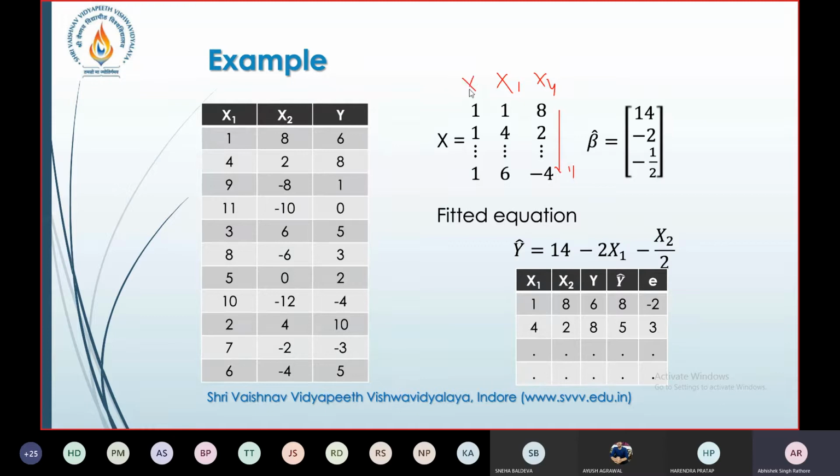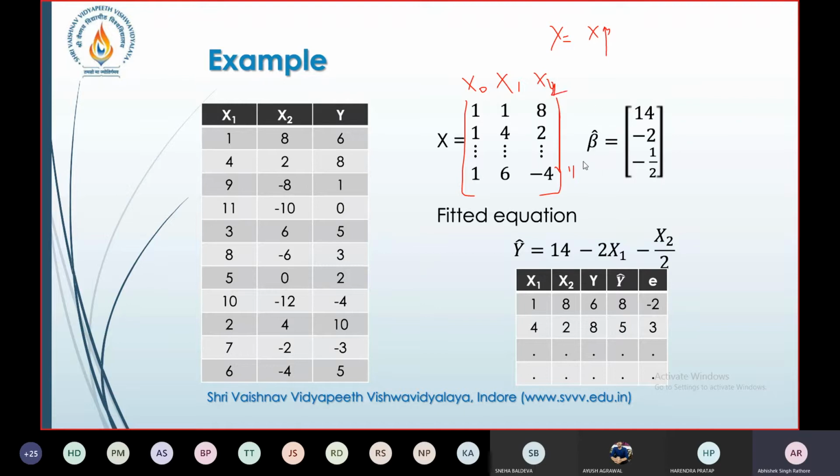Now this is my x0. We initially said that my equation of the line is y equals x beta, in which I had beta naught but no x naught, so by default we took it as 1. So this is how we can compute our matrix, x, with column x0, x1 and x2.